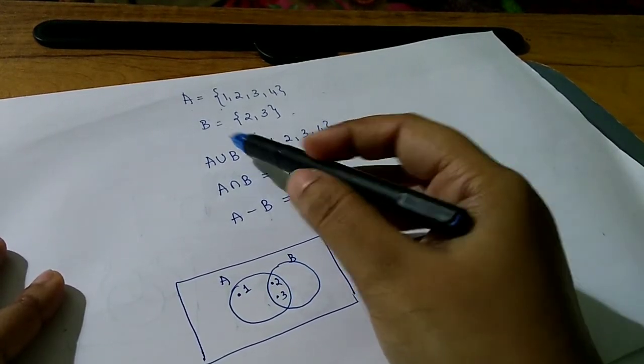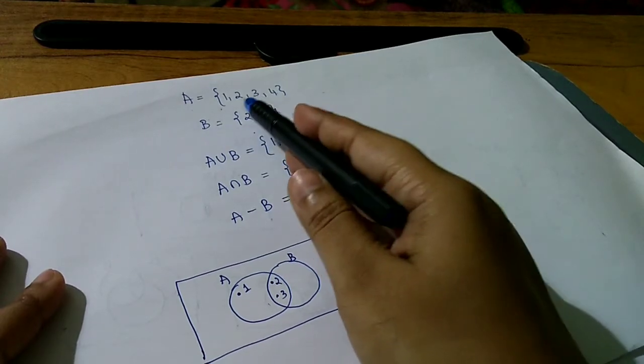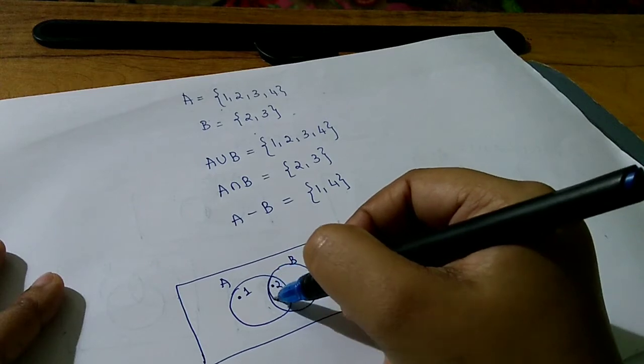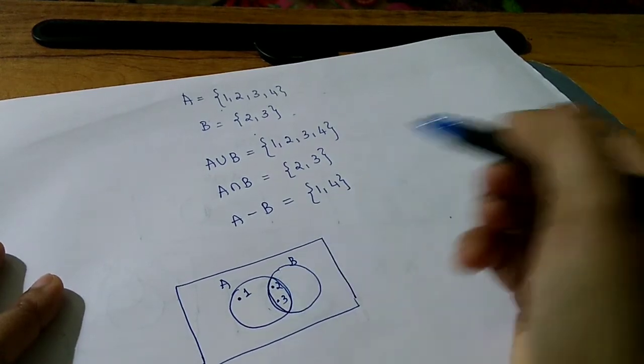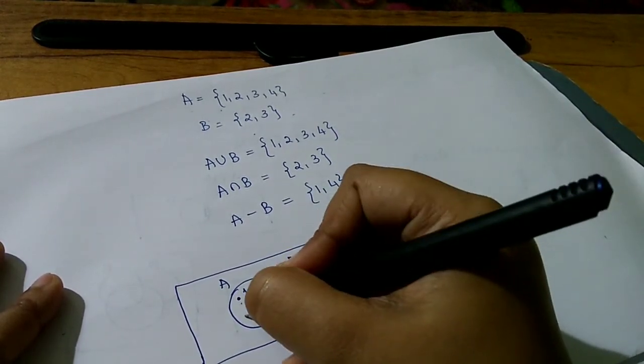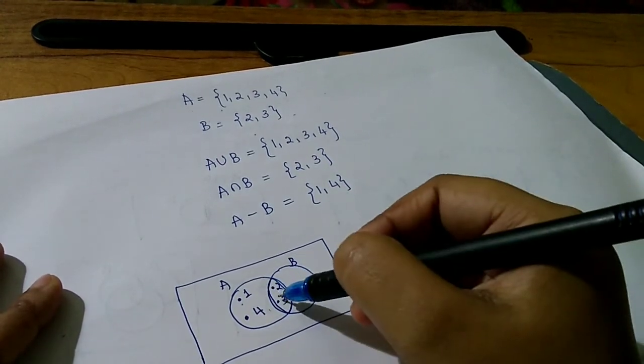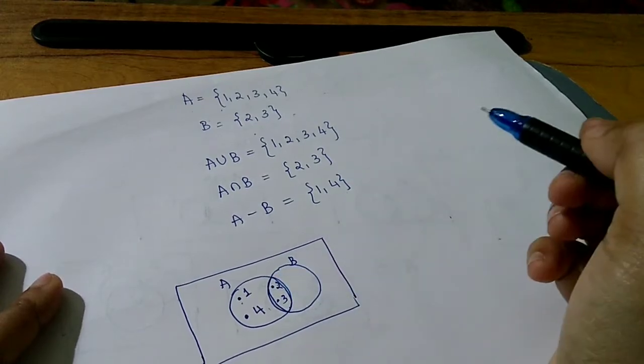You can see here 2 and 3 are the elements in A and they are also the elements in B. So 2 and 3 have to be written in the common region like this. Next, after 2 and 3, what is remaining? 1 and 4. Then for set B, 2 and 3 are already written.